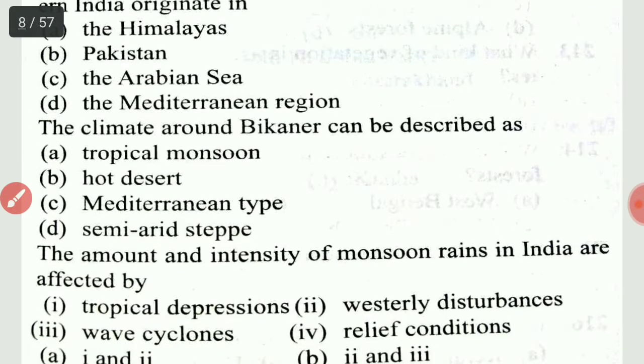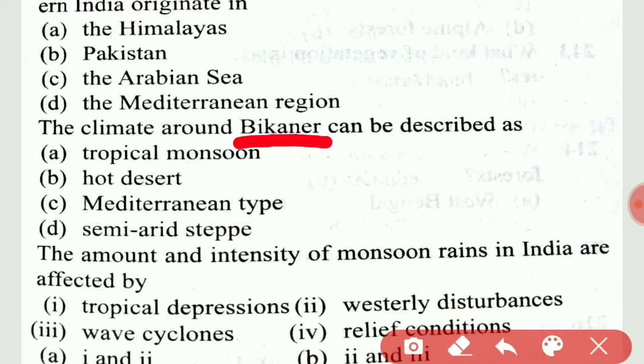Next, the climate around Bikaner can be described as... answer is option B, hot desert.